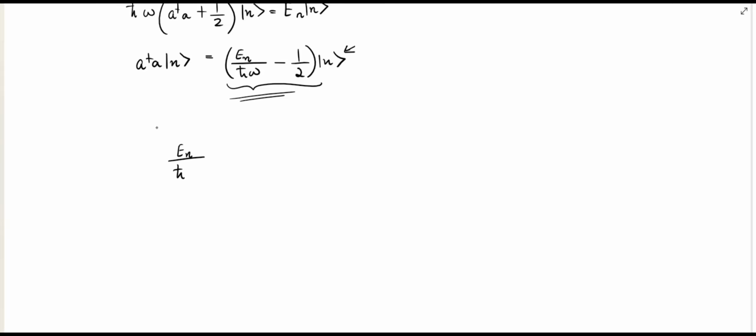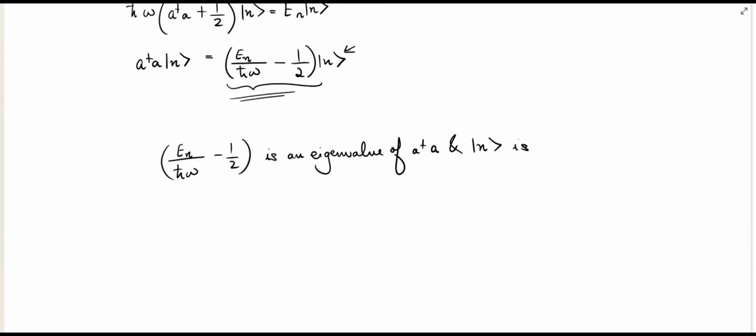E_n by h bar omega minus half is an eigenvalue of a dagger a. And this particular vector n is also an eigenvector of a dagger a. Let us give a name to this particular operator, a dagger a.